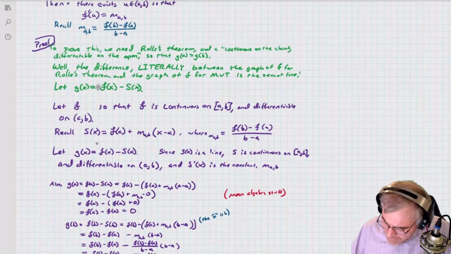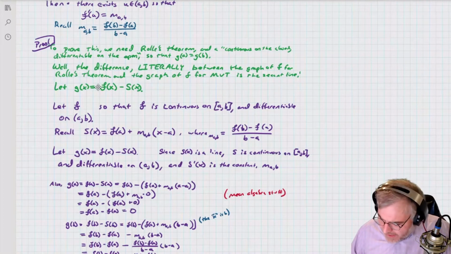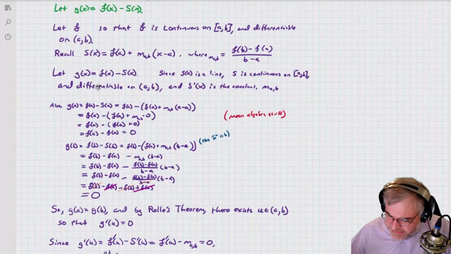I created this new function, g, by subtracting out the secant line. The difference between those two graphs was the secant line.